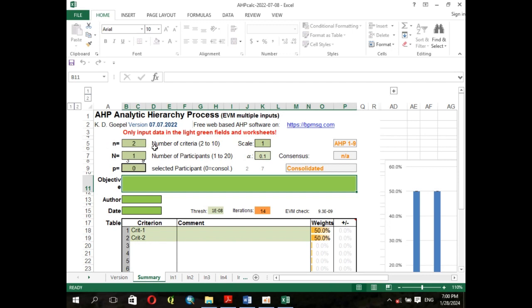And the number of parameters that you want to input should be written here. Okay, actually here is 2 parameters, therefore you can input up to 10 parameters, but it is limited: using more than 10 parameters is impossible under this Excel macro. Alright, so here are the numbers of participants, 1 up to 20, and here is alpha.